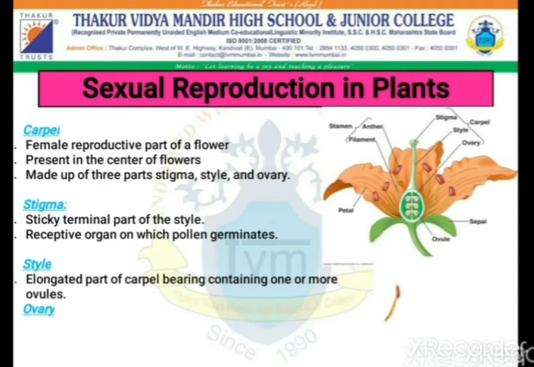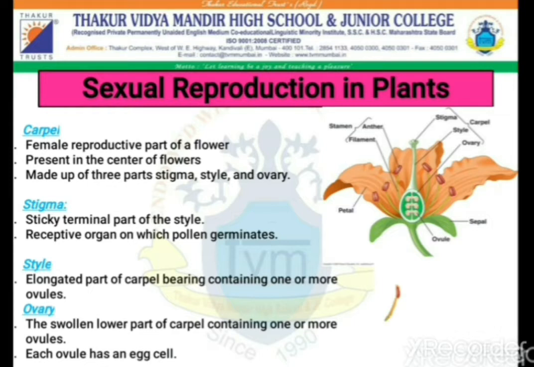In that ovary, there are small seeds which have been shown. Those seeds are called ovules. The swollen lower part of the carpel is called the ovary, which contains one or more ovules. And these ovules have egg cells that are called female gametes.